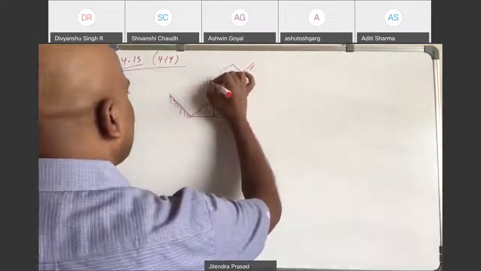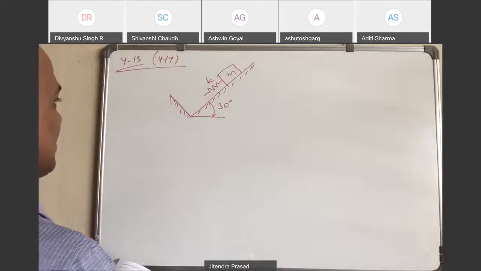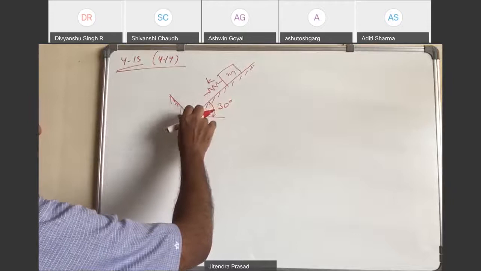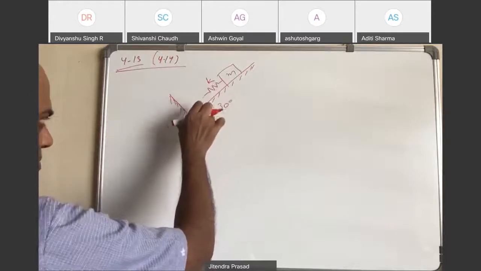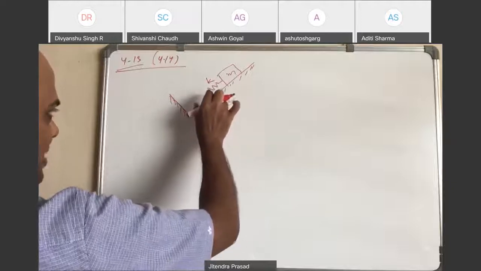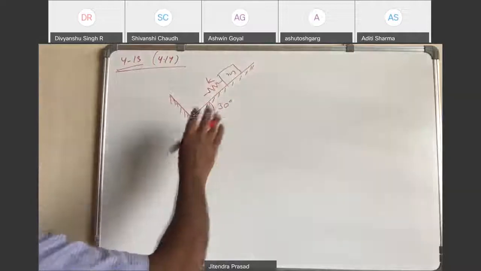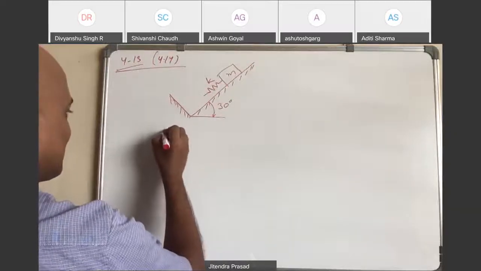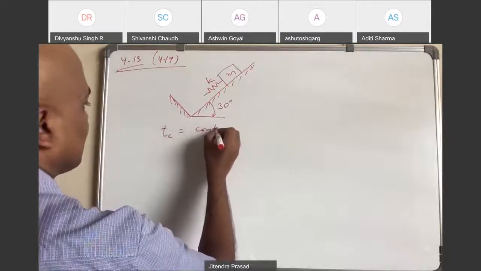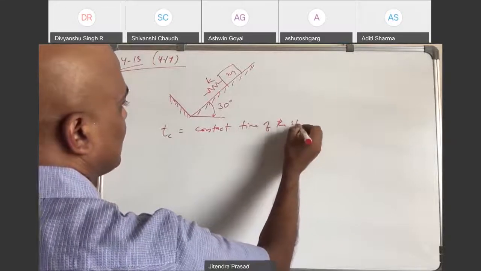This is the spring K like this one, and it says to find the time elapsed: the mass comes sliding, makes contact, then the spring compresses, then it expands again, and after that the mass leaves contact, right? So you have to find out Tc, the contact time of the spring.